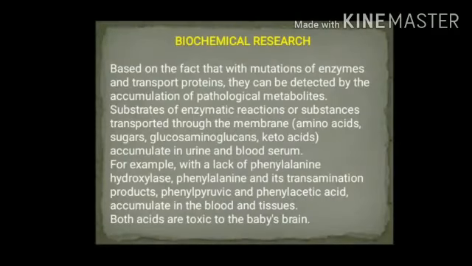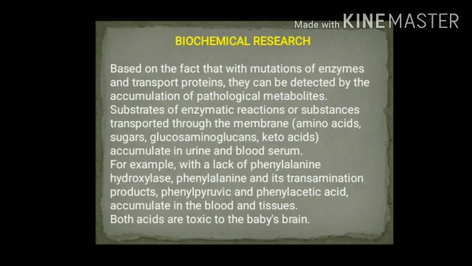The next is biochemical research, based on the fact that mutations of enzymes and transport proteins can be detected by the accumulation of pathological metabolites, substrates of enzymatic reactions, or substances transported through the membrane. Amino acids, sugars, glycosaminoglycans, and keto acids accumulate in urine and blood serum.